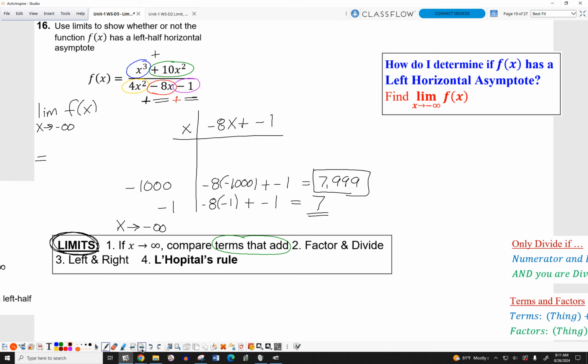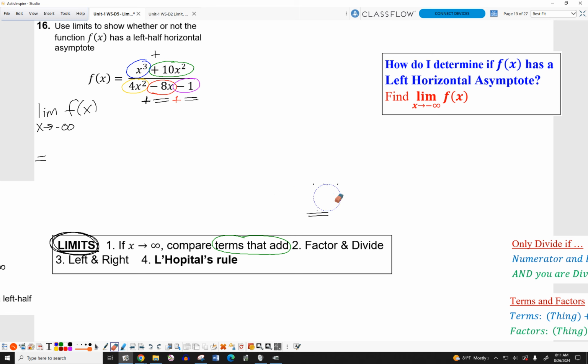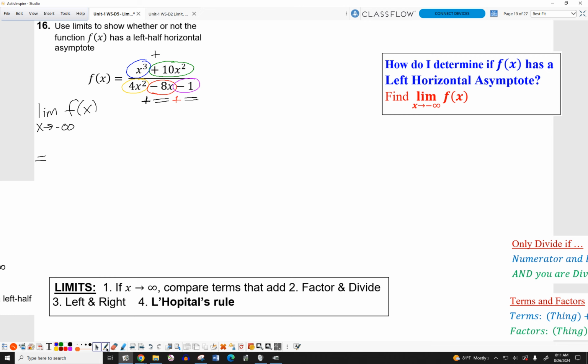And so what we can do is say that the limit of this formula, f of x, is equivalent to a much simpler limit problem. So put an equal. The equal is critical. Make sure you write equal, otherwise you do lose points.